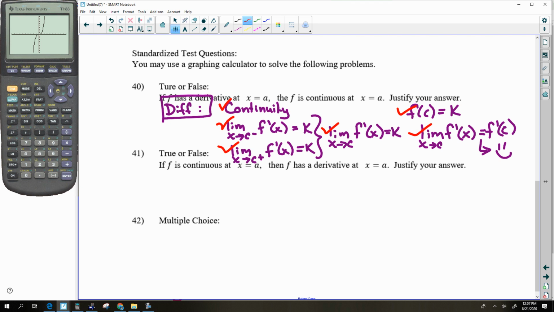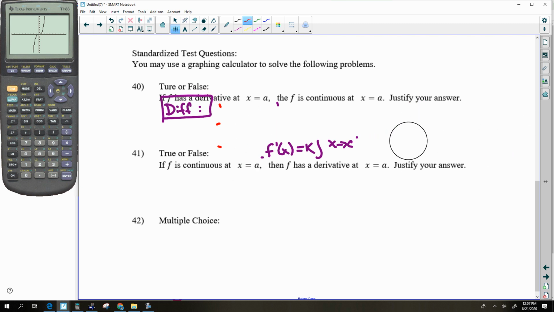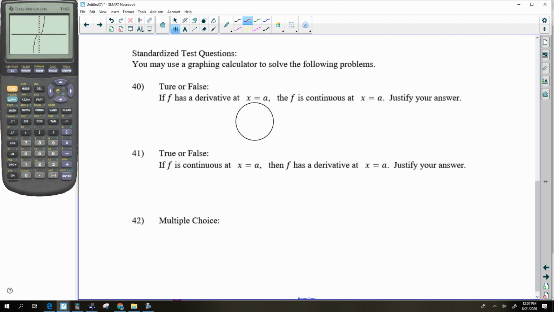If it's differentiable, f is continuous. Yep, that is absolutely true. But if f is continuous, thus it has a derivative? False. Example: there. That's something that's continuous that doesn't have a derivative.